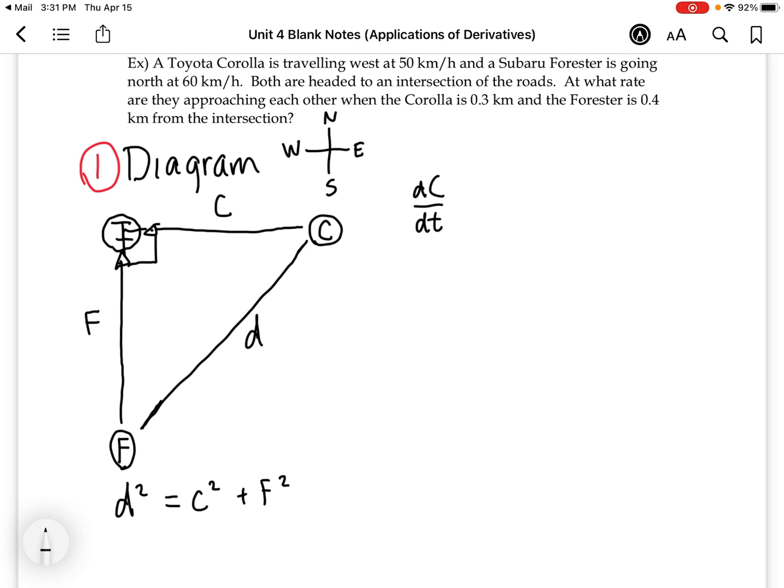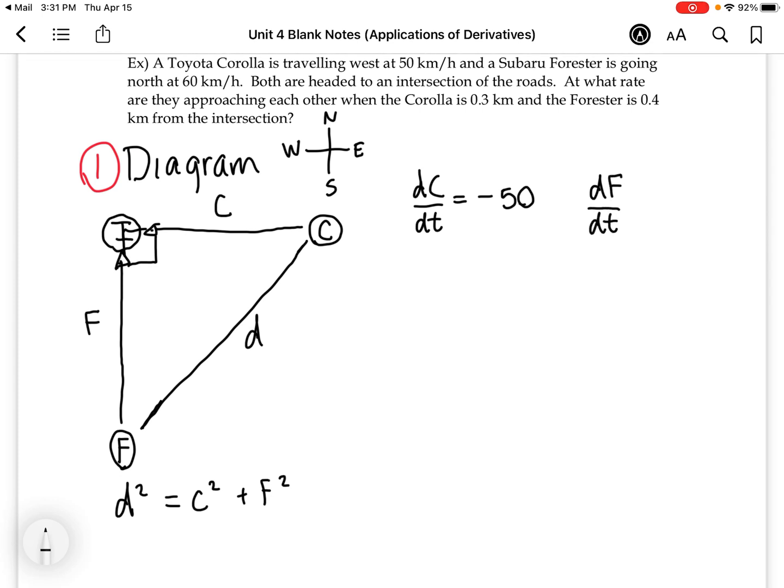So we're considering the distance between the Corolla and the intersection, so this rate of 50 should actually be negative 50. That's because the Corolla is going towards the intersection.